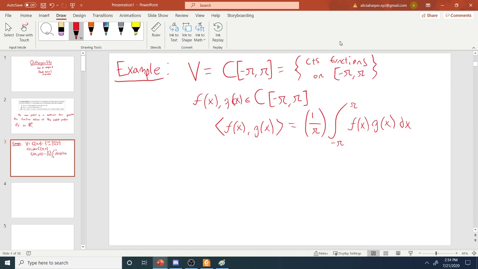Last time I verified that something very similar was actually an inner product. The only difference is I have this factor 1 over pi here.